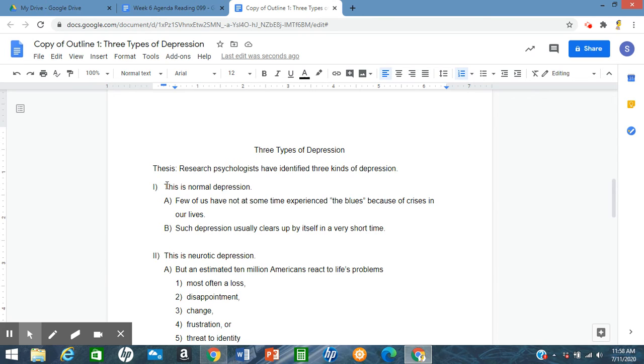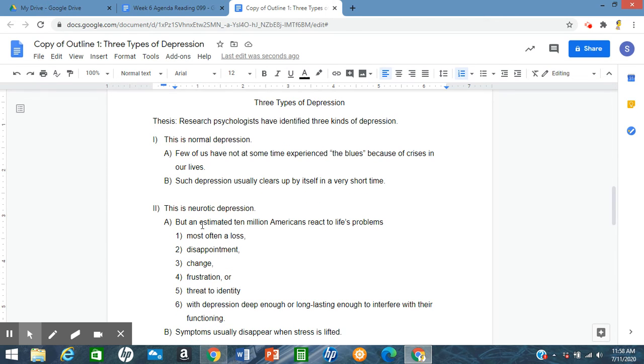Topic sentence 1, this is normal depression, and then the two major details here that are indicated by the uppercase letters, A and B. Topic sentence 2 is about the neurotic depression, because again, they're talking about the 3 kinds of depression. So neurotic depression, and what that is, well, major detail 1 says, but an estimated 10 million Americans react to life's problems, and then break it down into these.